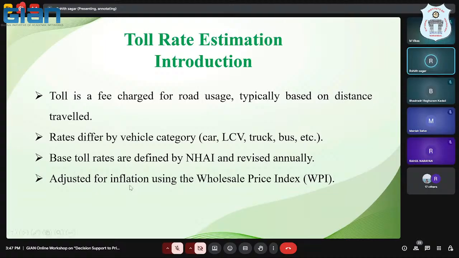We need to calculate toll rates for the future years, up to 2050 or 2040. For that, there will be improvement or decrement in the traffic growth rate that we have estimated before, and also there will be inflation of the toll rates, for which we will use the Wholesale Price Index to normalize that inflation.